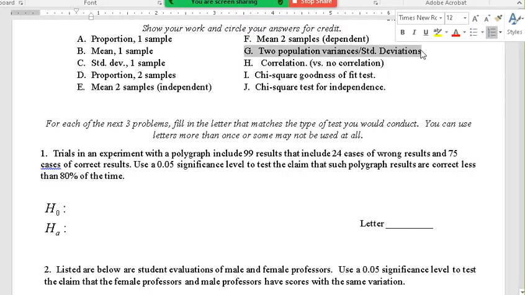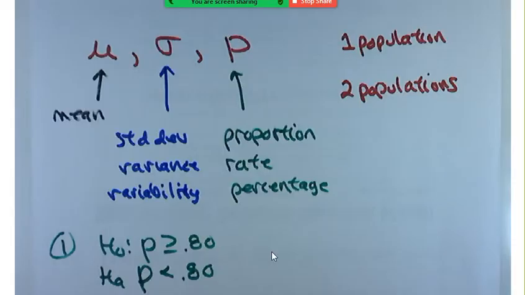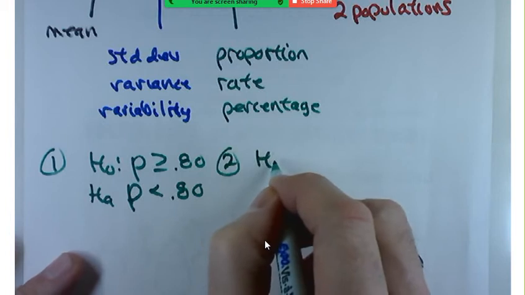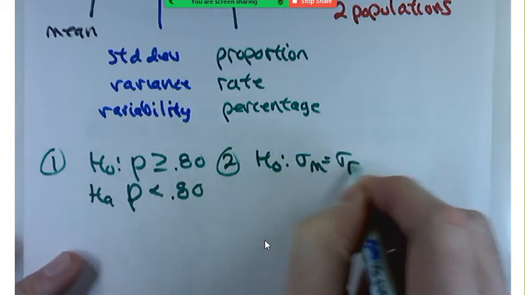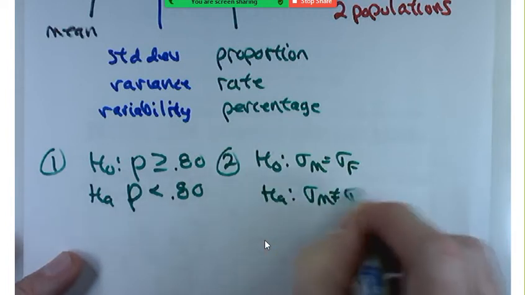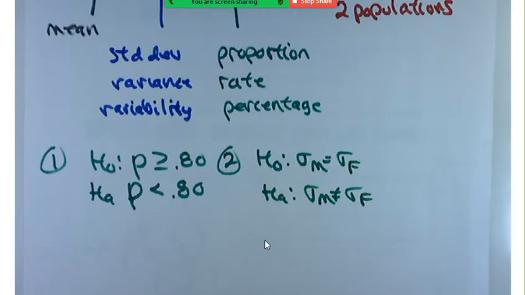Two population variances, standard deviations. Done. Well, I guess we should probably write down the null and alternative hypothesis. So let's do that. I believe that when I wrote out the answer key, I said sigma sub m equals sigma sub f. And the alternative was sigma sub m is not equal to sigma sub f. All right. You don't have to use m and f. I like that. I feel it's more descriptive, but you don't have to.